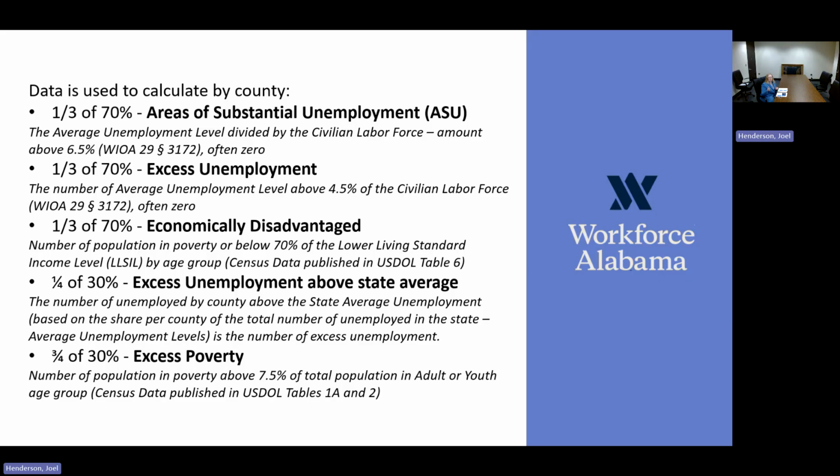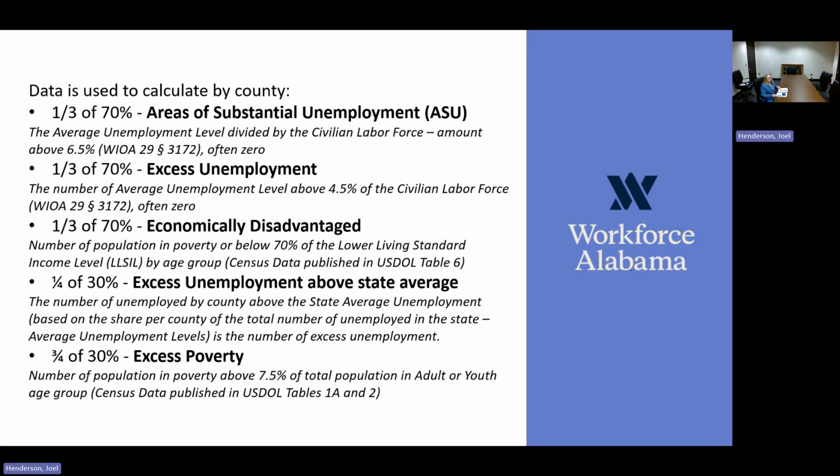And then we have excess poverty, which is 3/4 of the 30%. Another thing to think about is that a lot of this is excess or above the normal rates. The formula is designed to have the funds flow to the areas that have the most need.